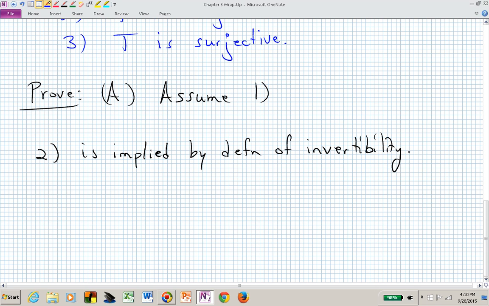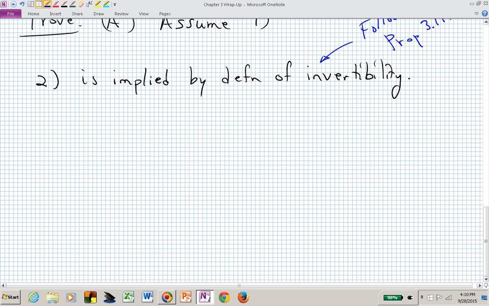Meaning this actually follows from proposition 317, which said a linear map is invertible if and only if it is both injective and surjective. So if we have a map that's invertible, then we know that it's injective. So 1 implies 2. Therefore, T is injective, or 1 implies 2.